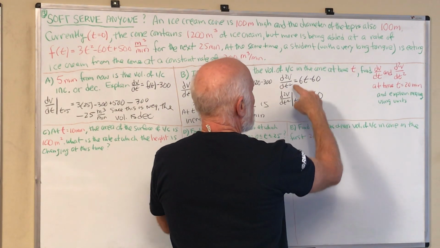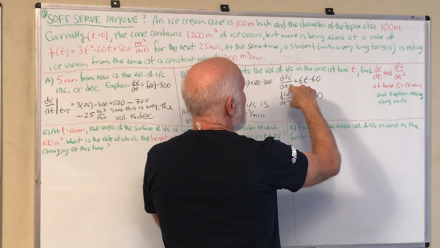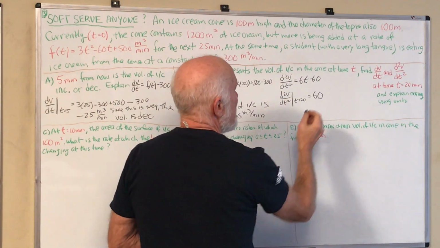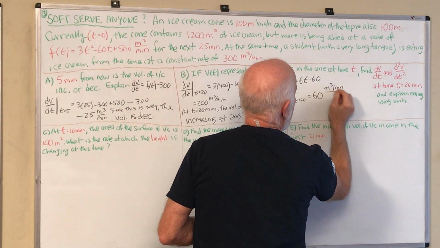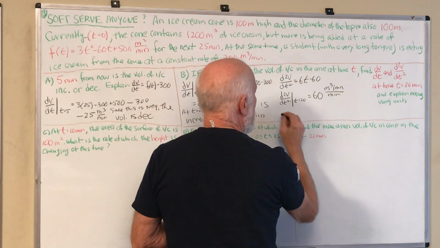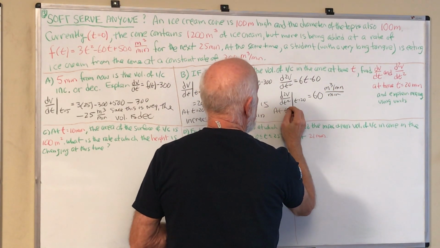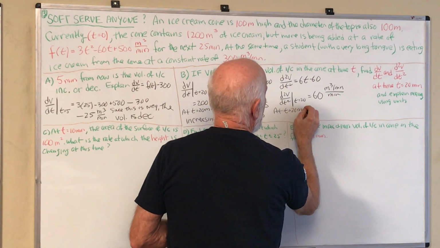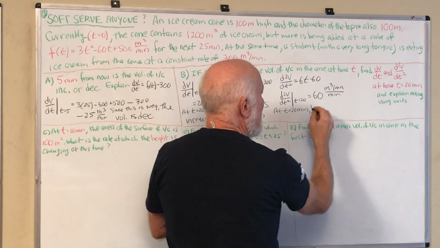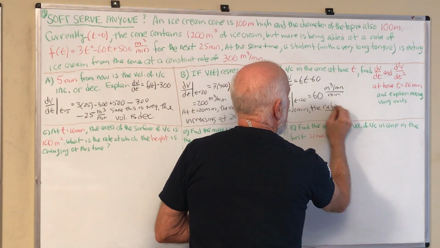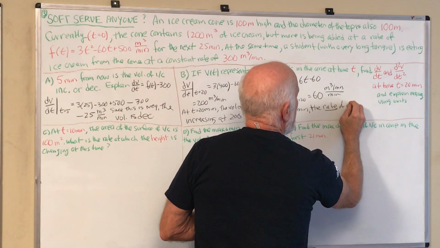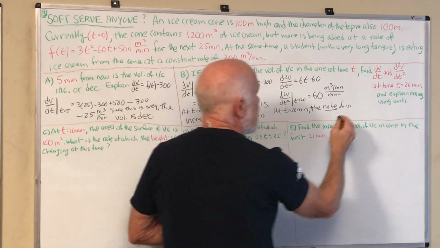And it would be what? It's the rate of change of this rate of change. So it would be in cubic meters per minute per minute. And if you had to explain it, you'd just say at t equals 20 minutes. Now this is where you have to be careful. It's not the ice cream, it's the rate of change, or we know it's increase.